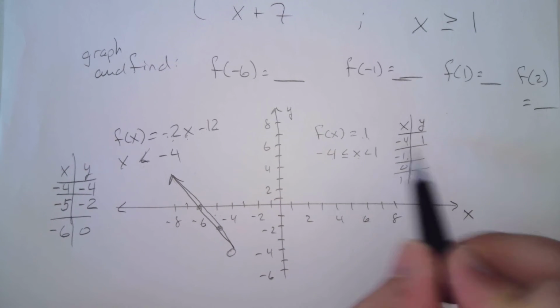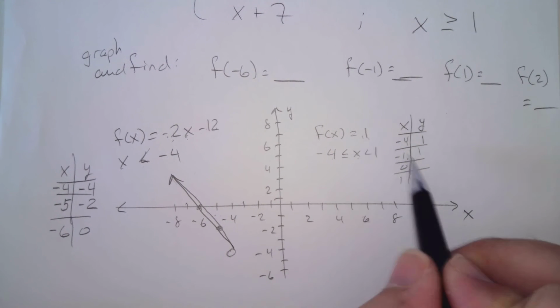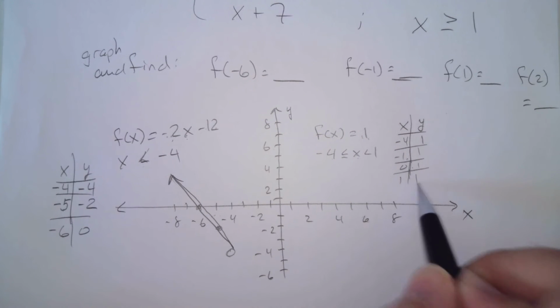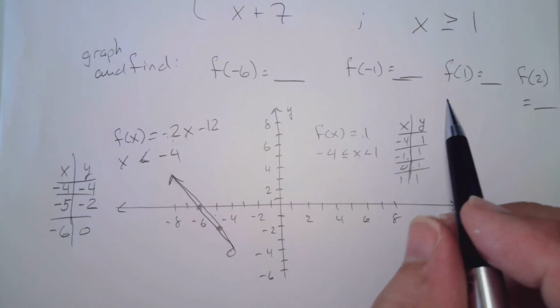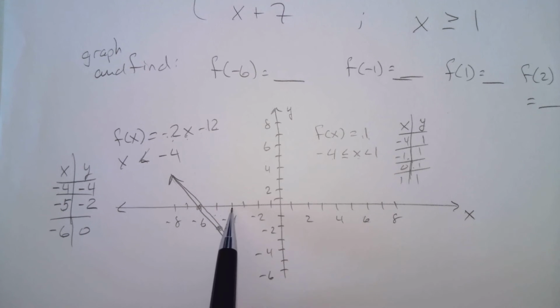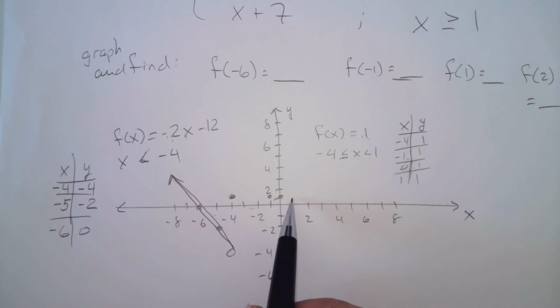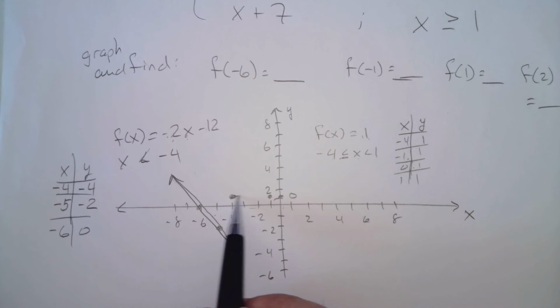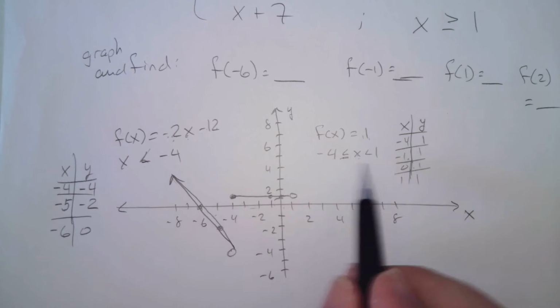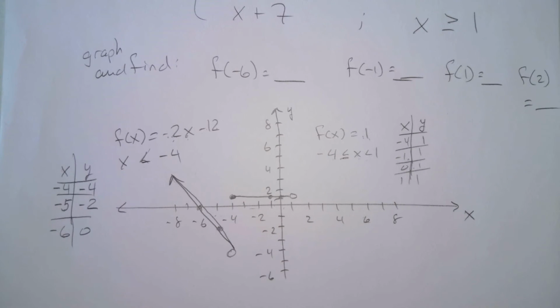At negative 1, it's 1. At 0, it's 1. Because if there's no x values, nothing changes there. So at negative 4, it's 1. It's a solid dot because it's an equal sign. At negative 1, it's 1. At 0, it's 1. At 1, it's an open circle because there's no equality there.